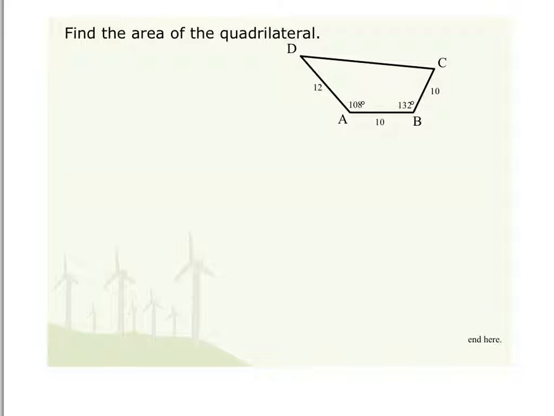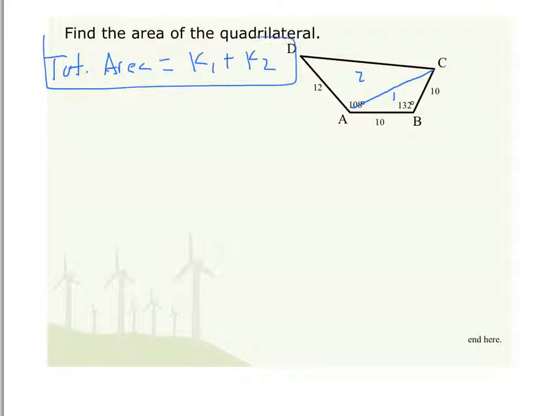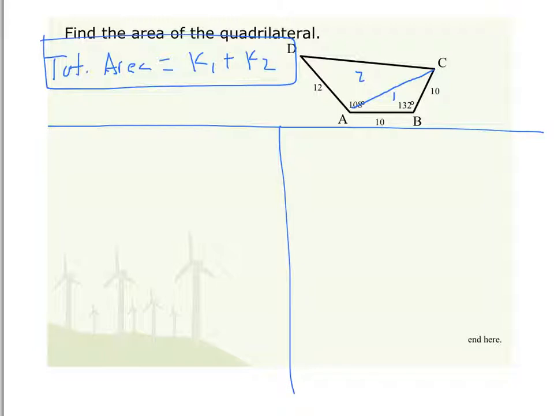The biggest thing I would do here is I would decompose this down into 2 triangles, triangle 1 and triangle 2, with our strategy being that the total area is the area of triangle 1 plus the area of triangle 2. So from this point, we have 2 completely separate problems.